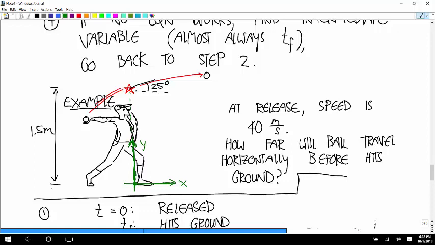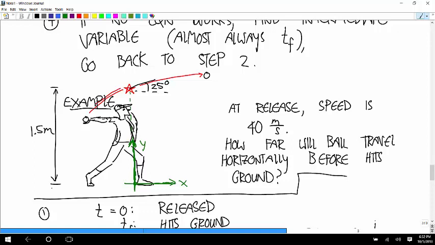And so the star represents the instant time equals 0. The position at time equals 0, that's our initial position vector, so we need that, is just going to be the coordinates of that star, the coordinates where the ball's released.